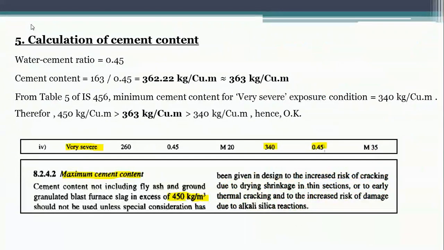So next is calculation of cement content. The water cement ratio we have adopted as 0.45, as in the third step.